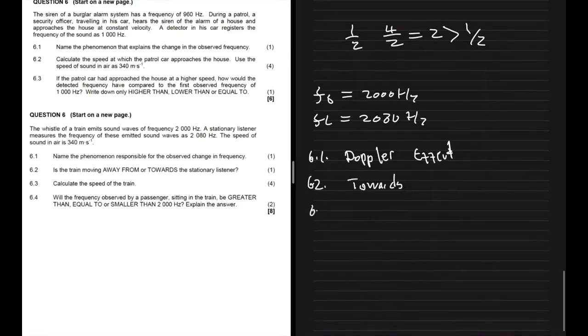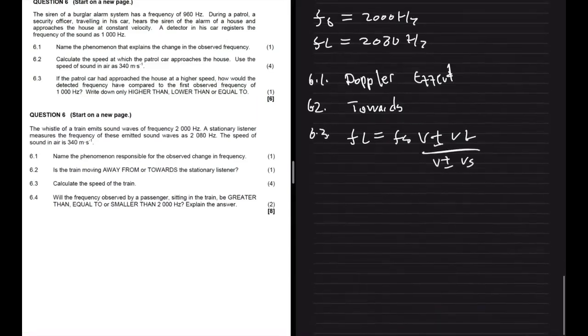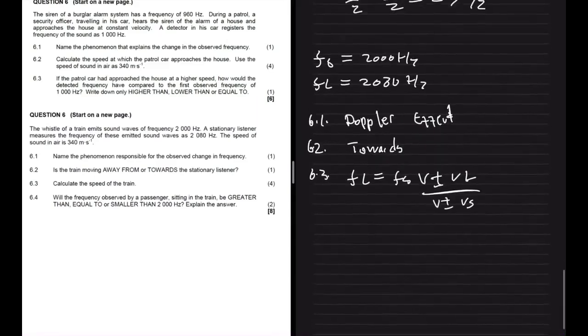6.3, calculate the speed of the train. F of L equals F of S. Sticking to the basics again, the formula we use is V plus or minus VL divided by V plus or minus VS. The observed frequency is 2080 Hz, equals 2000 Hz, and the speed of sound in air is 340.